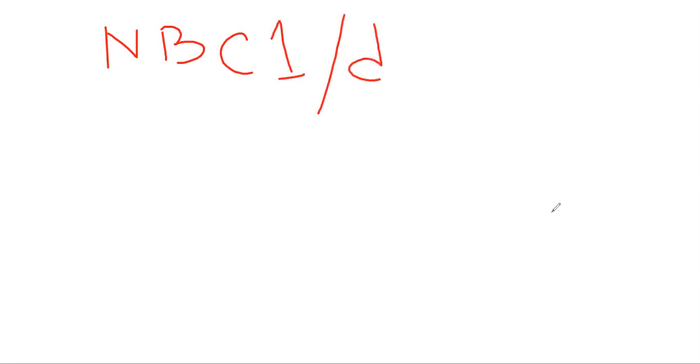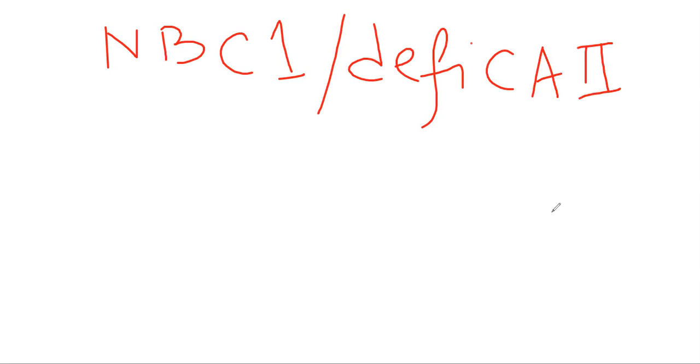So either mutation of the sodium bicarbonate co-transporter 1, or deficiency of the enzyme carbonic anhydrase type 2, which is present in the cytosol of the proximal convoluted tubule epithelial cell, will lead to type 2 renal tubular acidosis.